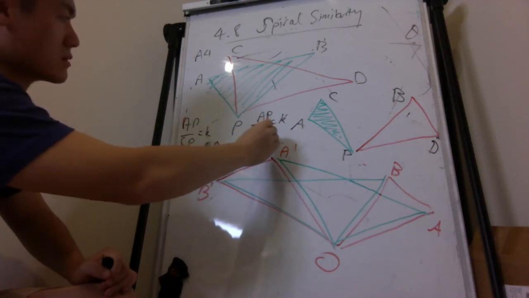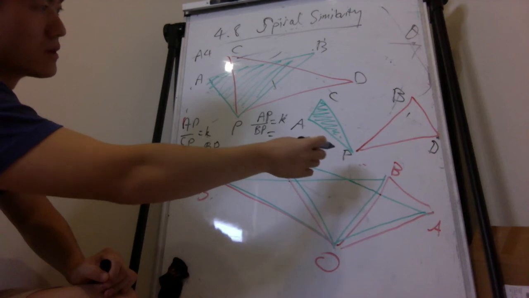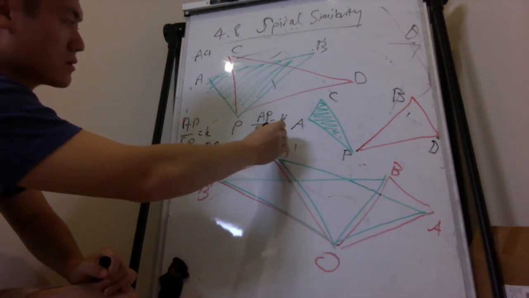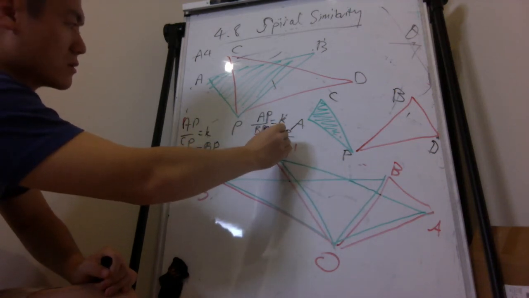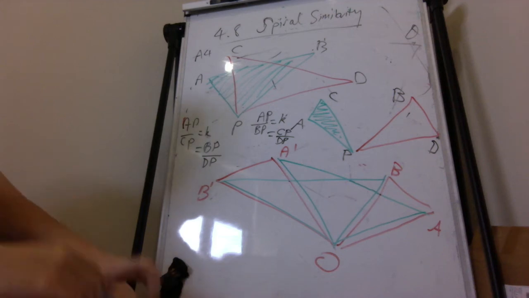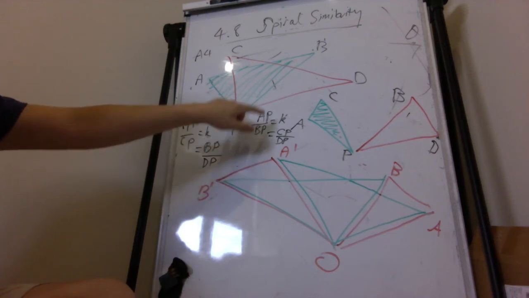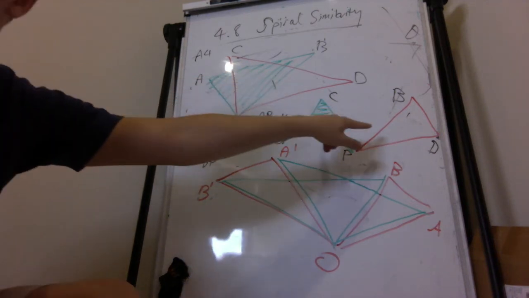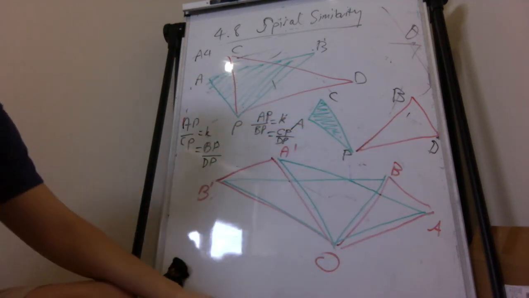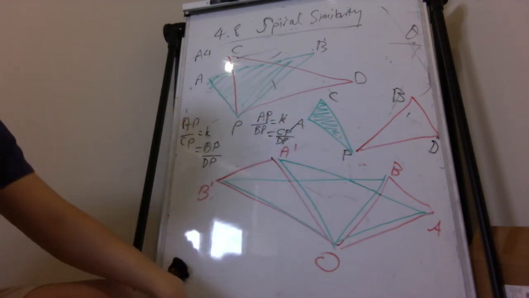And in this case it's CP on DP, yeah? So they're equivalent, yeah? That makes sense? So these two are similar if and only if those two are similar. For the same points.